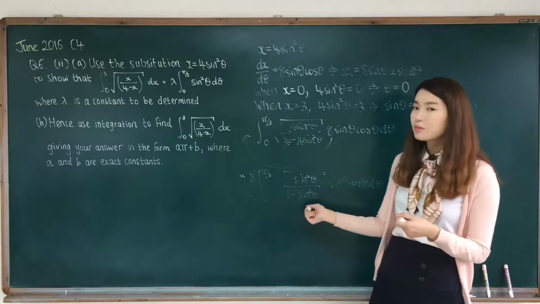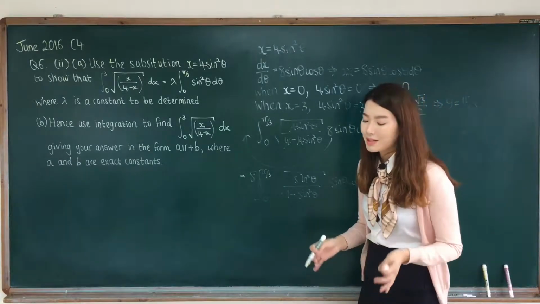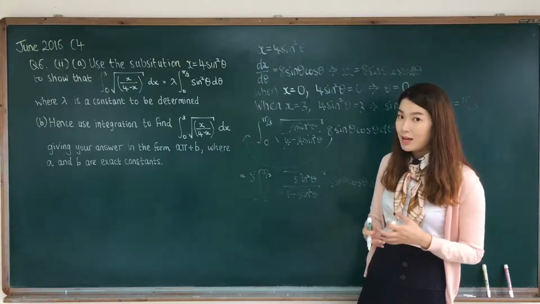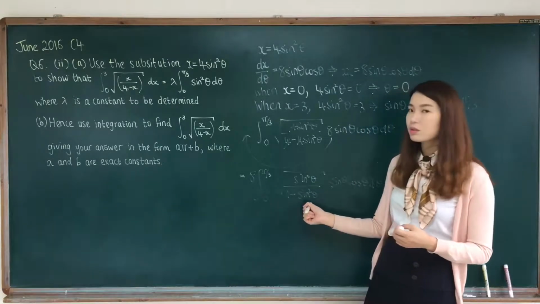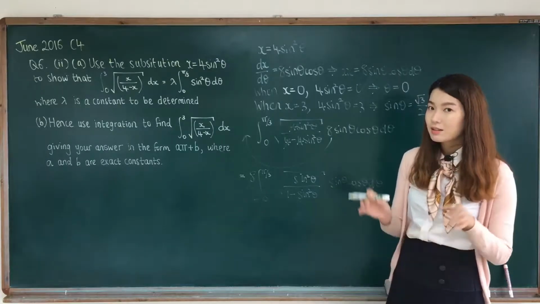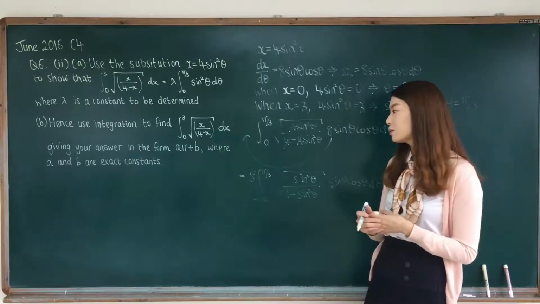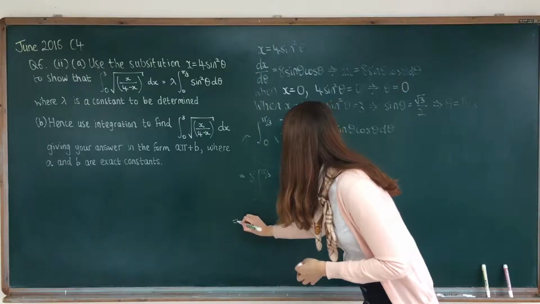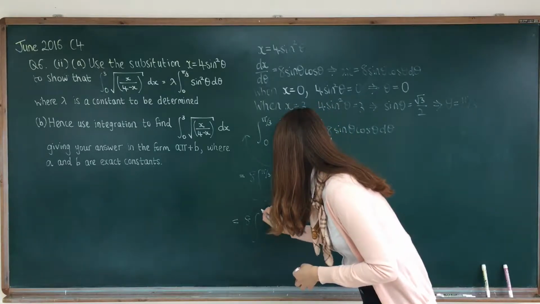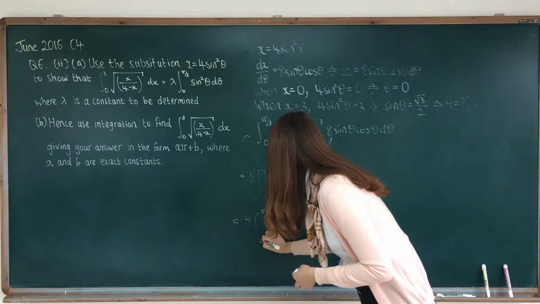And I look at this, 1 minus sine squared theta, and by this time we have to be able to spot that this equals cosine squared theta, because sine squared plus cos squared equals 1. So I'm going to change that to cos squared theta.